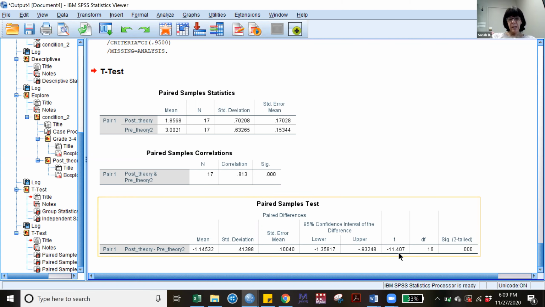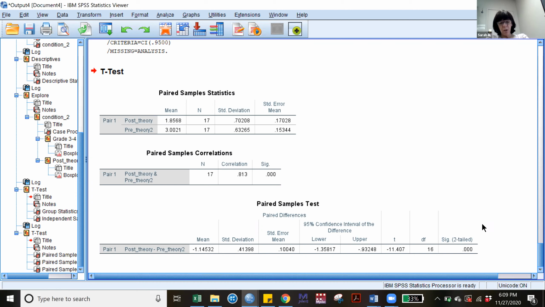And you can see that the t-value here is negative, meaning that the t-statistic shows the same sign as the mean difference, and it has a significance lower than 0.01.